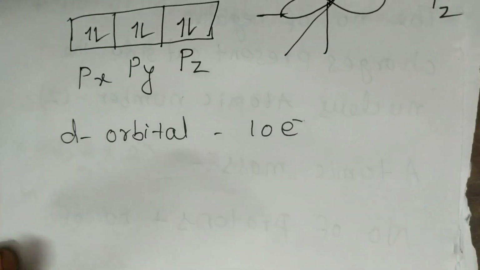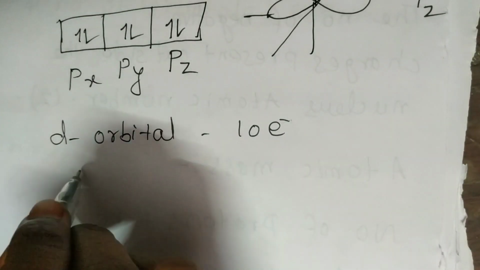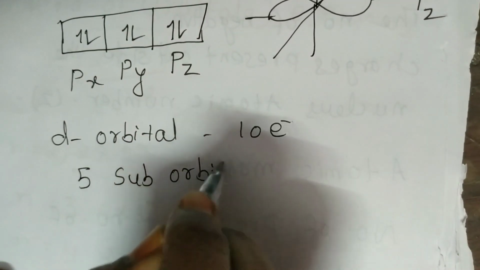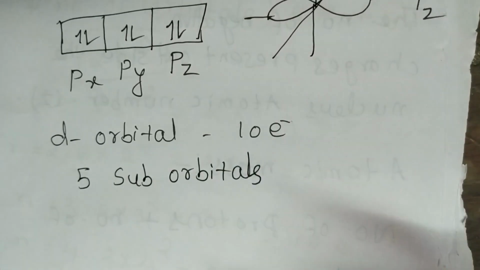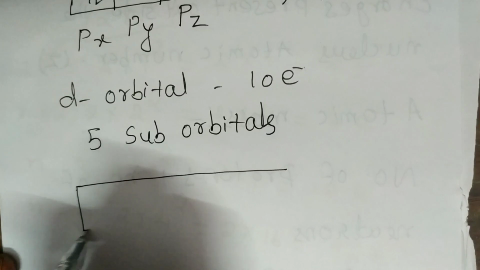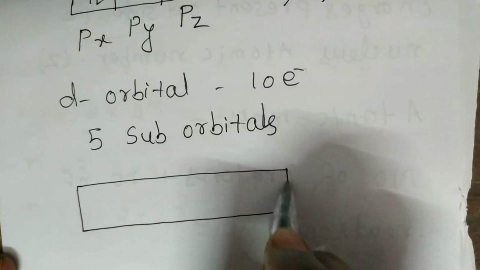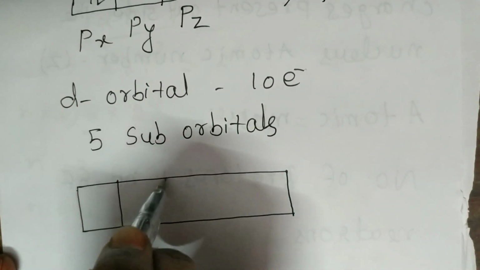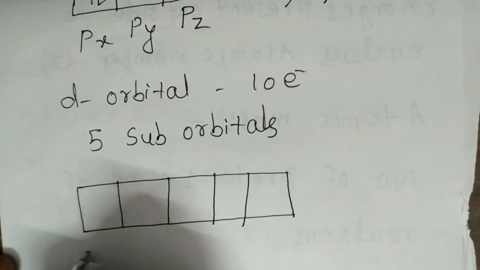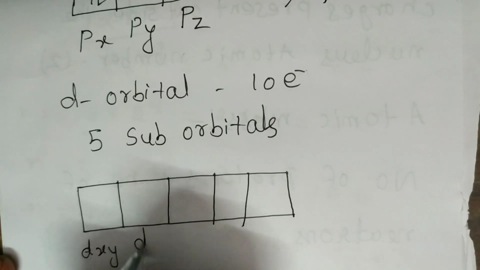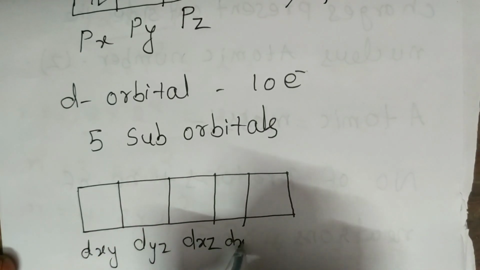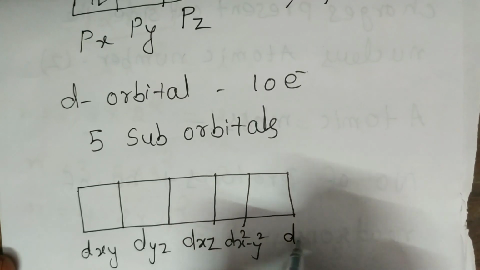And when you consider the d orbital, it has 5 suborbitals. Each orbital fills with 2 electrons. So take 1, 2, 3, 4 and 5: dxy, dyz, dzx, dx square minus y square and dz square.